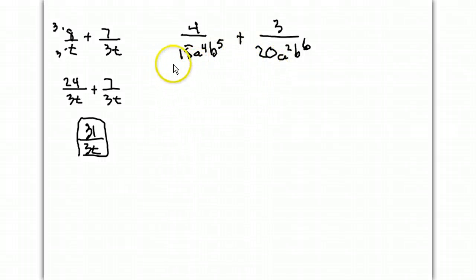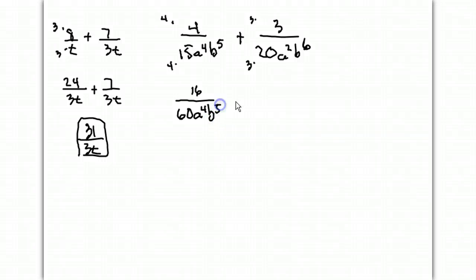So you know that you have to multiply the first one by 4, top and bottom, just to get a 60 on there, and the second one by 3, top and bottom. So what you end up with is 16 over 60a^4 b^5 plus 9 over 60a^2 b^6.